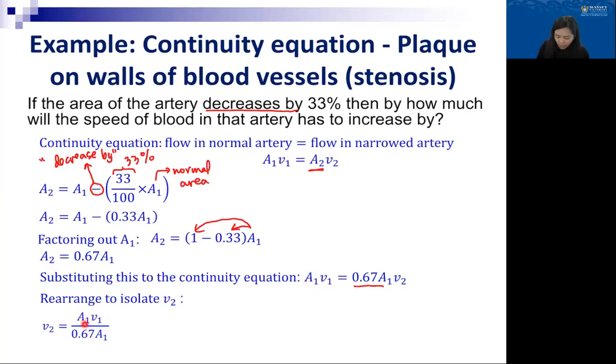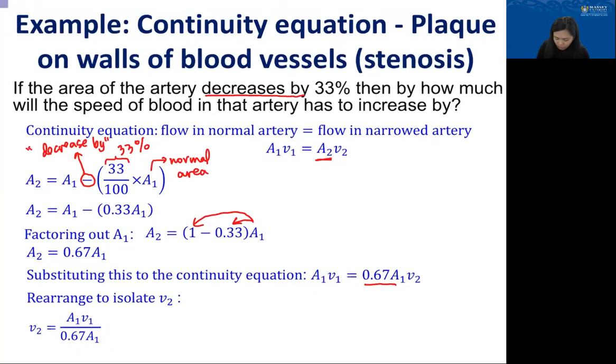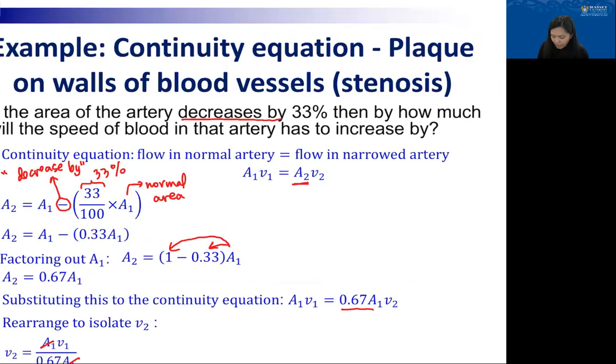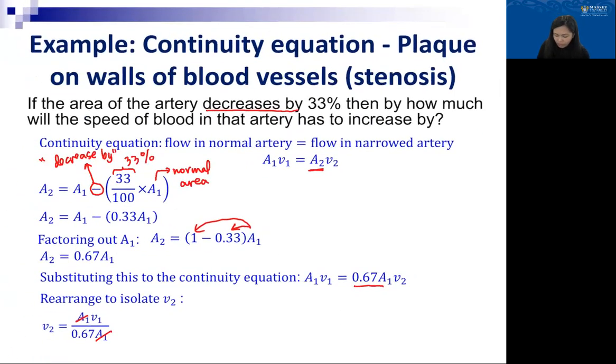Okay, notice how A1 appears on both sides of the denominator bar, right? And any number divided by itself is equal to 1, which means A1 divided by A1 is equal to 1, which equivalently means you can just cancel A1. And you are left with V1 divided by 0.67, or you have 1.5 times V1.